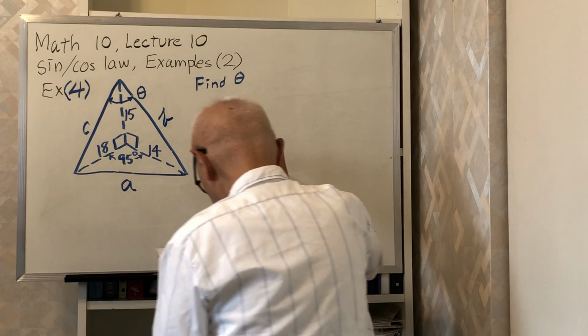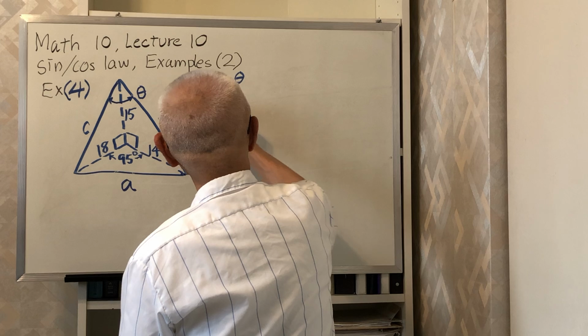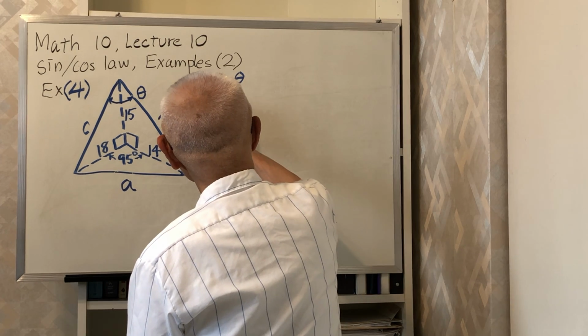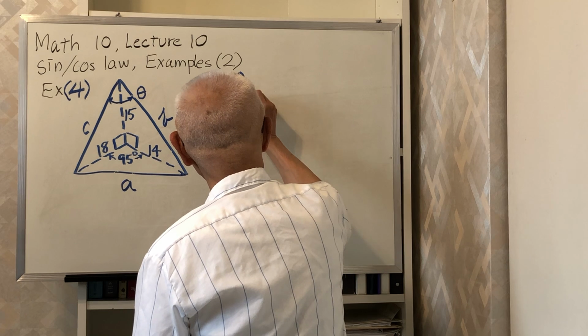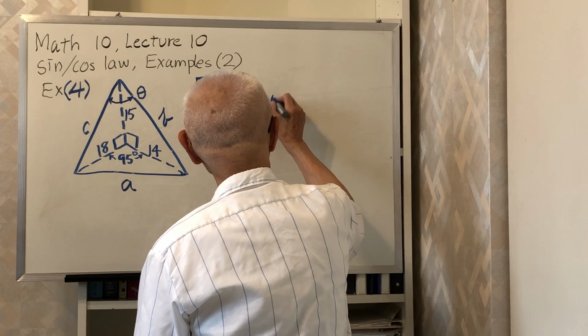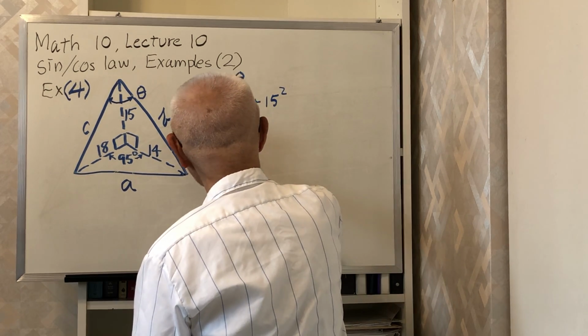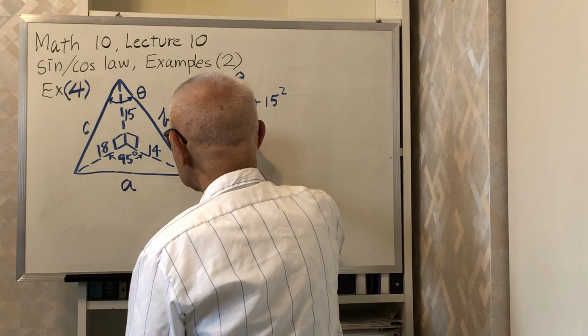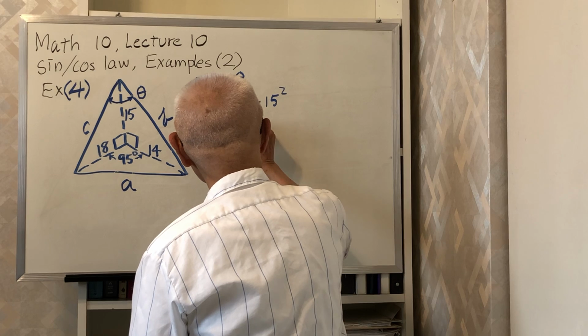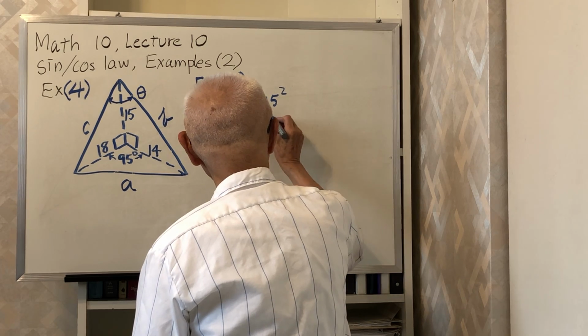So using Pythagoras theorem, B squared is 14 squared plus 15 squared. What about C squared? Pythagoras theorem: 15 squared plus 18 squared.